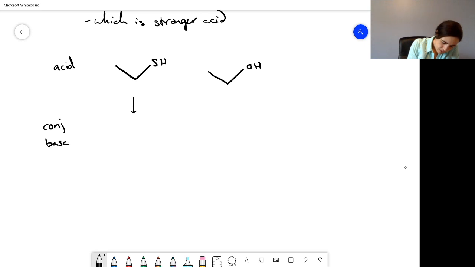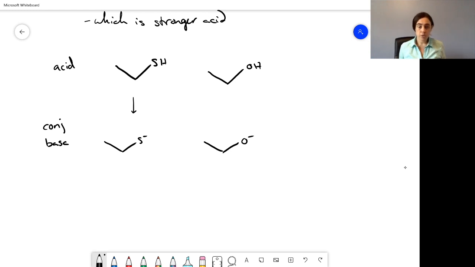Conjugate base. All right, so in this case, oxygen is more electronegative, but because sulfur has a larger volume in which to disperse the negative charge, it is going to be better able to stabilize that negative charge.